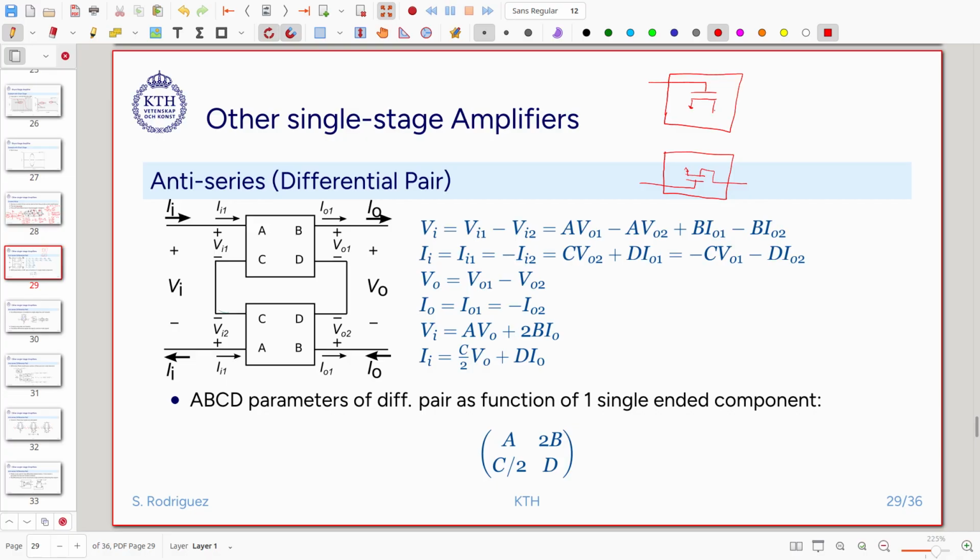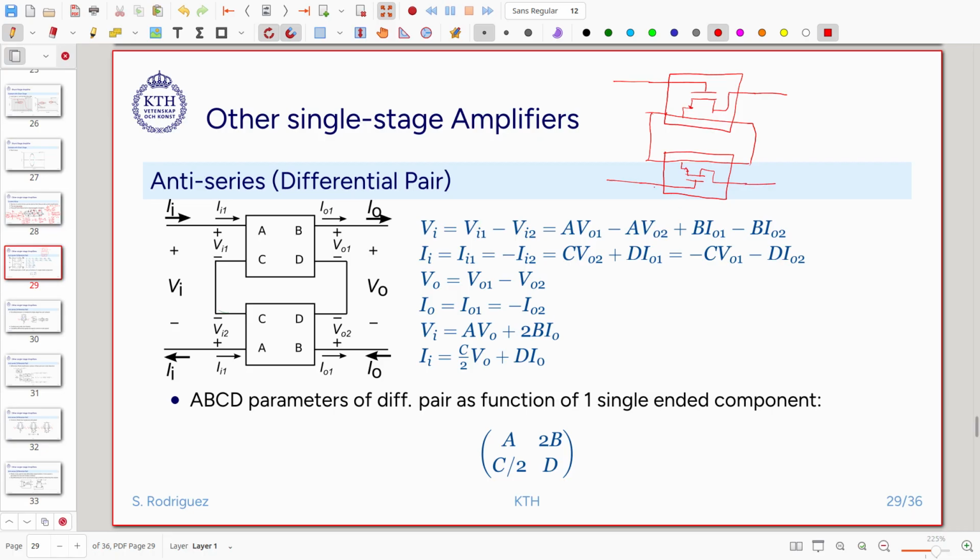That will go to the output here, and then we will have the sources connected here. Okay, so if we implement this with one transistor, this anti-series differential pair will look like this.